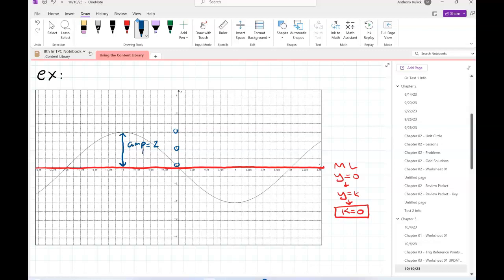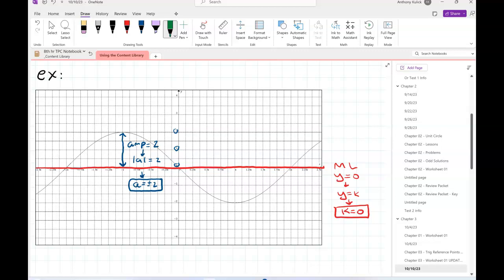I know that the amplitude is the absolute value of A. So that tells me that A is going to be plus or minus 2. I don't know which one I'm going to want yet, but I know it's got to be either positive or negative 2. We'll make that decision a little bit later. So far, so good.